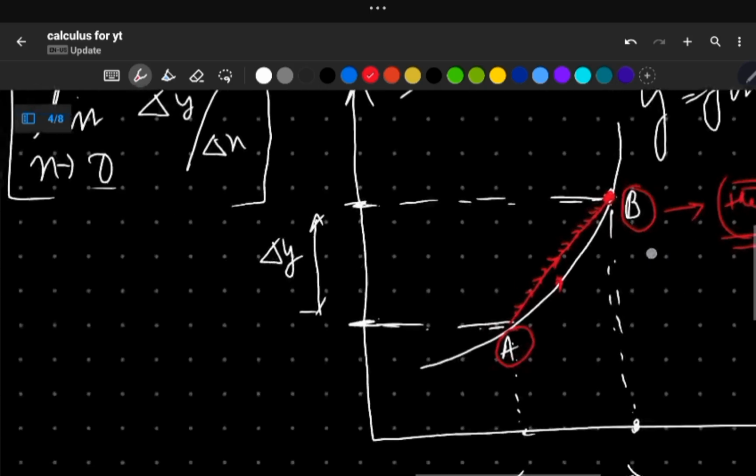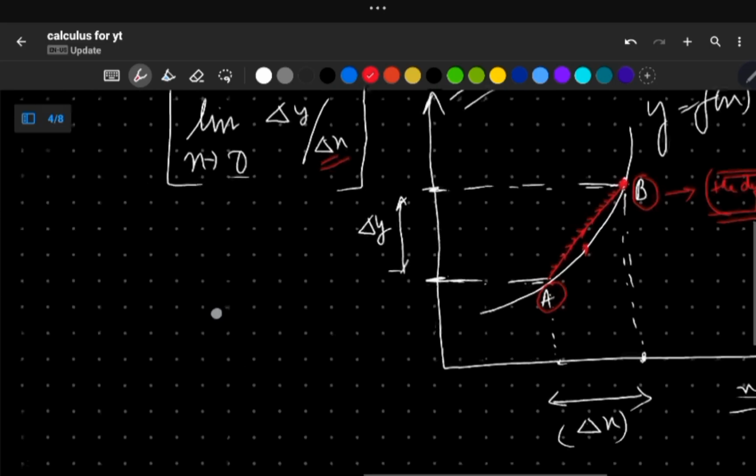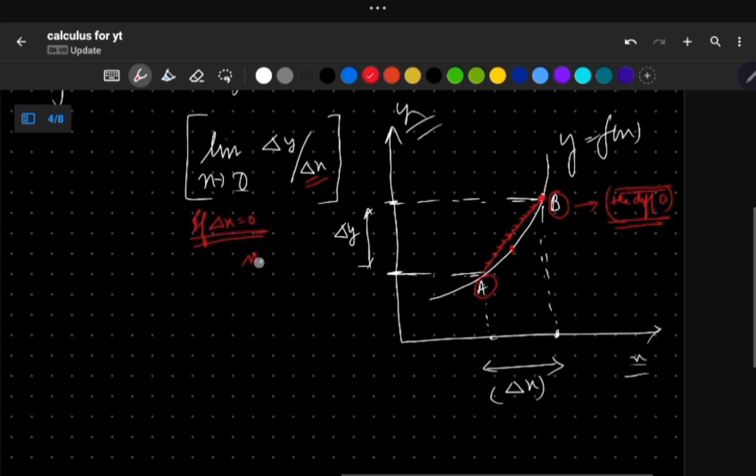If the difference is 0, then delta x is 0, so x2 minus x1 approaches 0.